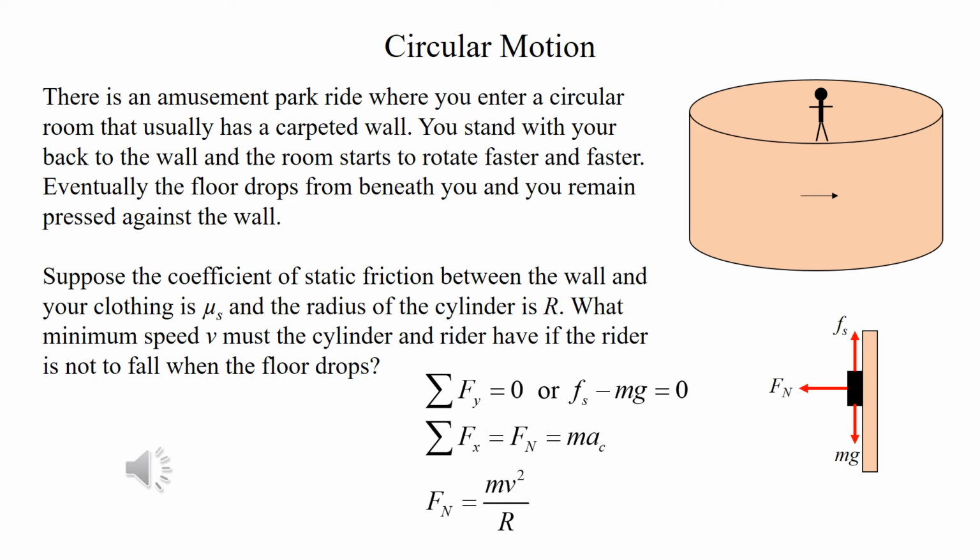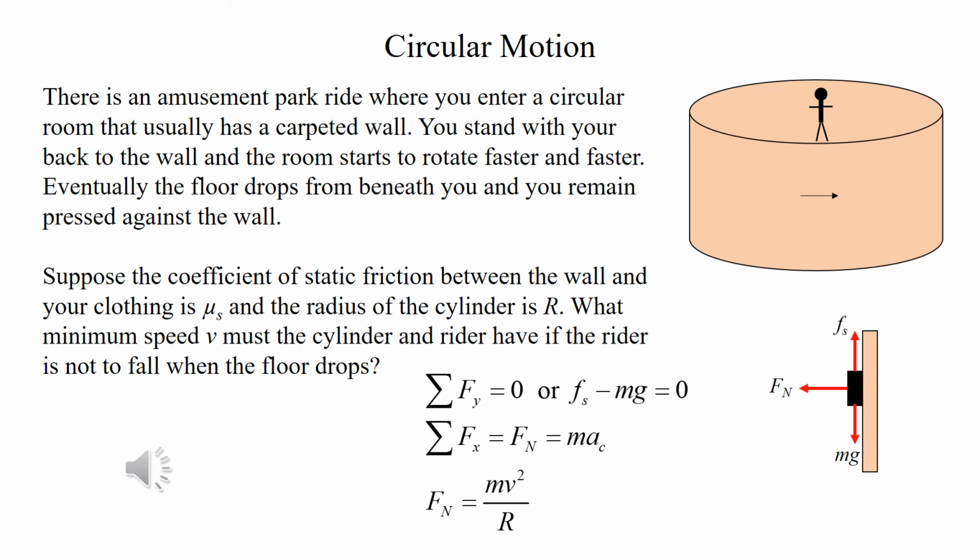And so if we're not going to move, the static friction up must be supporting our weight mg down. Now we also have the wall pushing us into a circle. So the normal force is the wall pushing us into a circle.